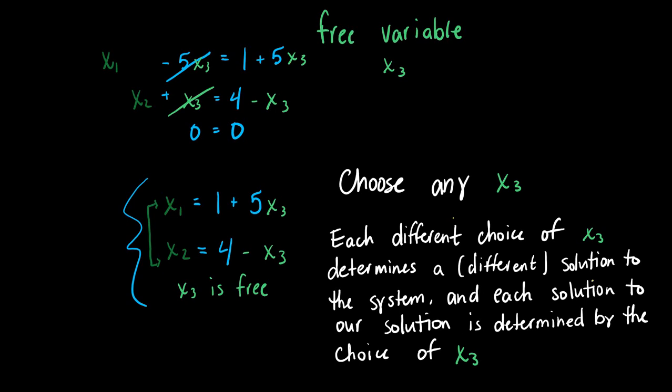Now x3, think of free variable. That's all that means within the context of this problem. So generally speaking, each different choice of a free variable or free variables determines a different solution to the system, and each solution to our system is determined by the choice or choices of our free variables.